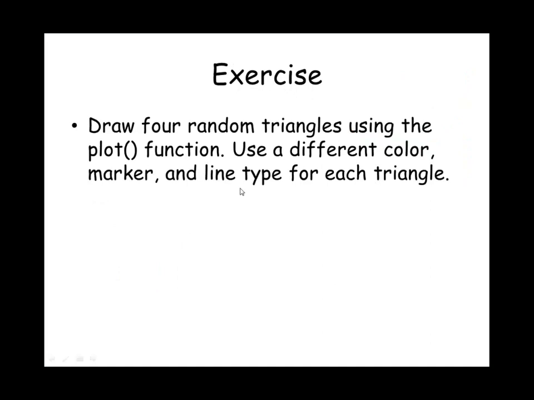In this exercise, we will be drawing random triangles using the plot function. To draw a triangle, we need to specify 3 points: A, B, and C. Plot function works by drawing lines.